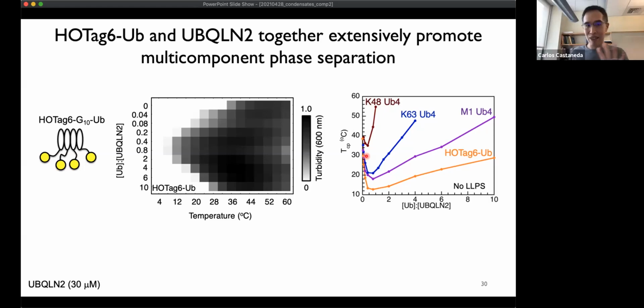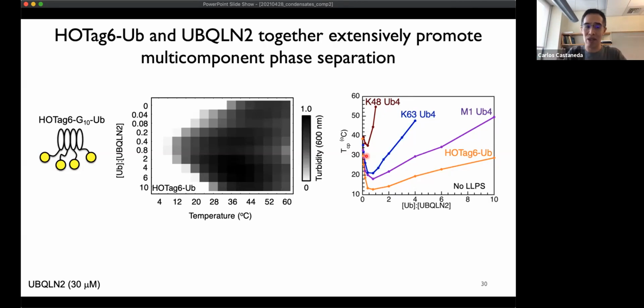Okay, so these are great questions. For the meshwork question, this is something we've been thinking a lot about recently, and I'm happy to hear people's suggestions on this, because we are trying to do some single molecule tracking experiments, where we're putting in some beads that we can then maneuver within these droplets and try to get a sense of whether their dynamics are a little bit different in the presence of, say, K63 or one of these other types of chains.